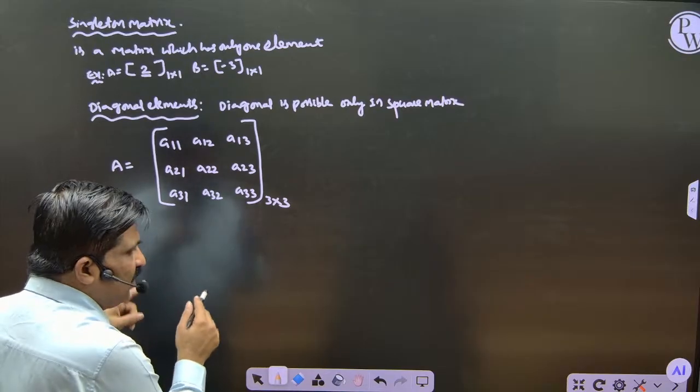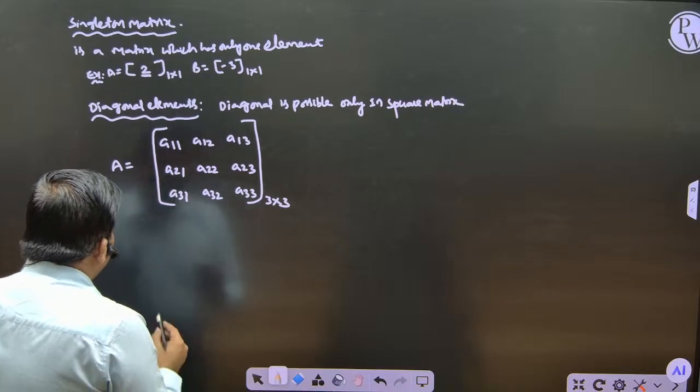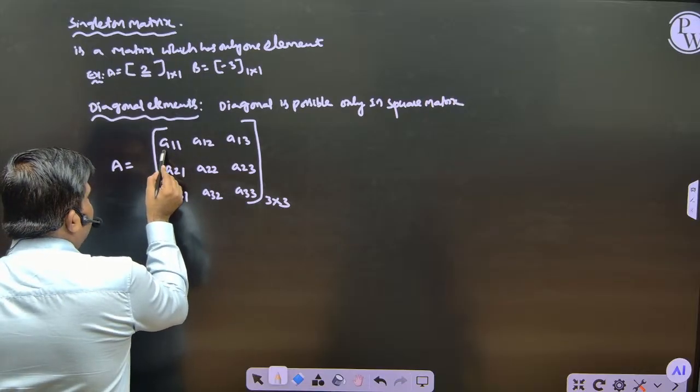When the shape looks like a square, how many diagonals are possible?